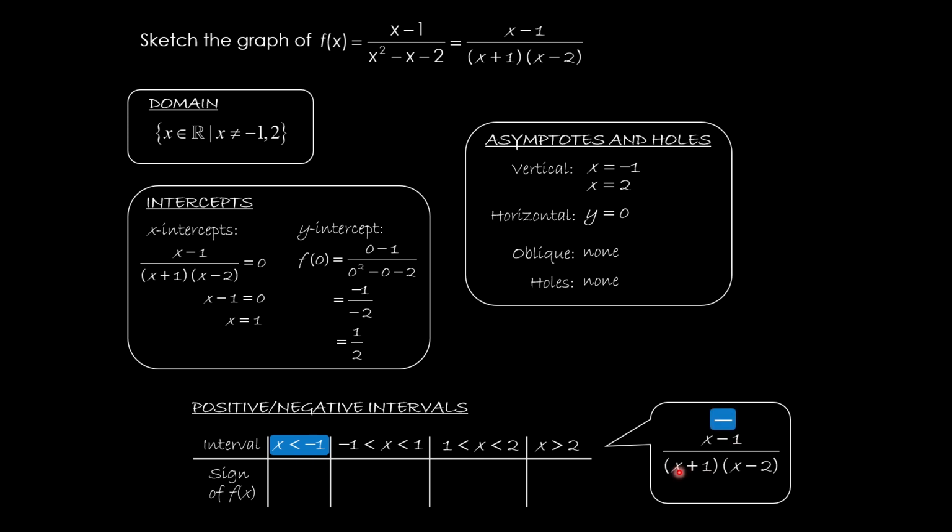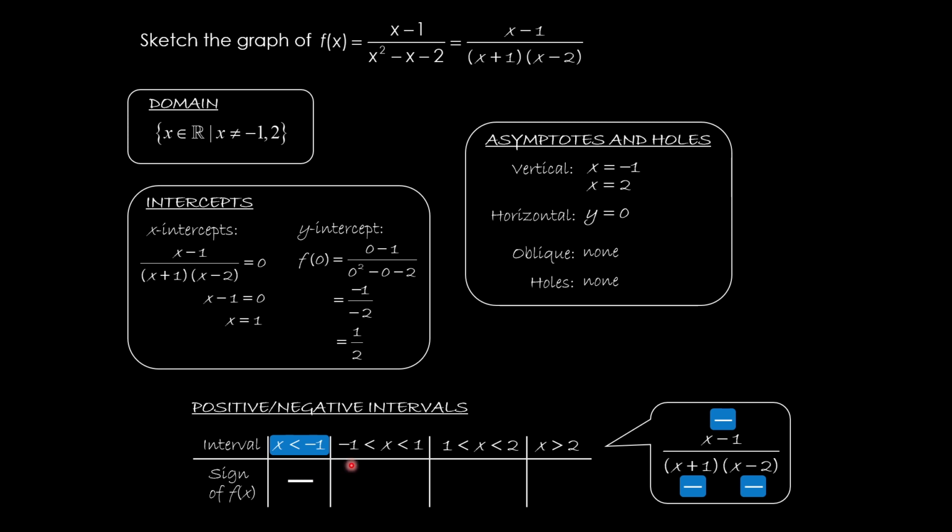If we sub -10 into x plus 1 here, well, that factor would be negative, as would x minus 2. If we subbed in -10 for x, that factor would be negative. So for -10, we have a negative divided by a negative times a negative, which would give us a negative. So any x value below -1 is going to result in our function having a negative value.